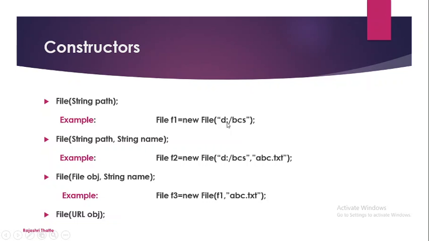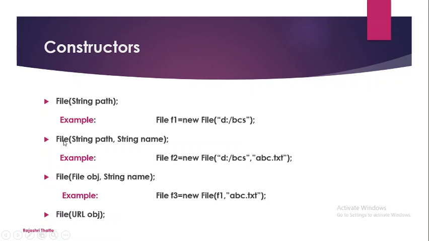Here D is my drive name, and bcs is one of the directories available on the D drive. So the f1 file object refers to the directory bcs which is present on drive D. Is it clear? Okay.